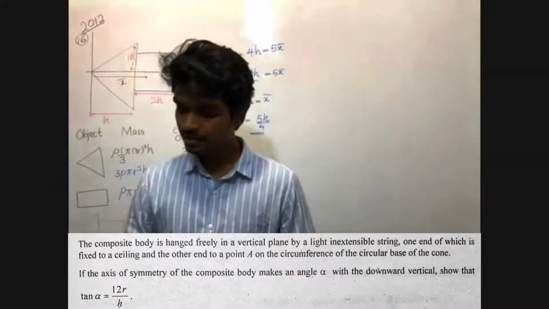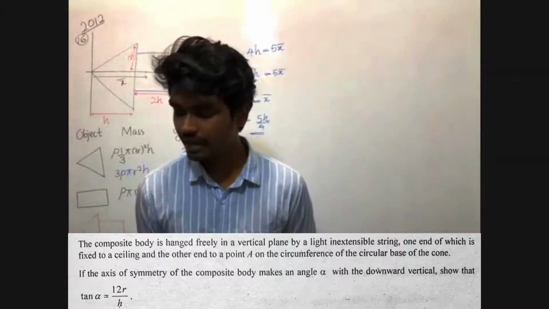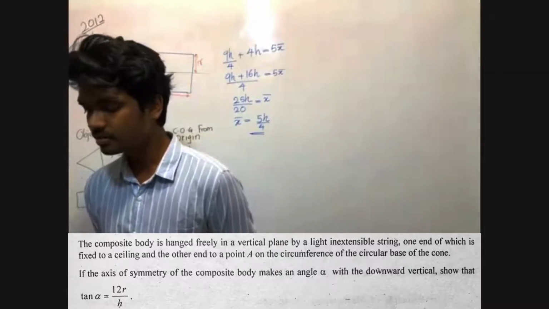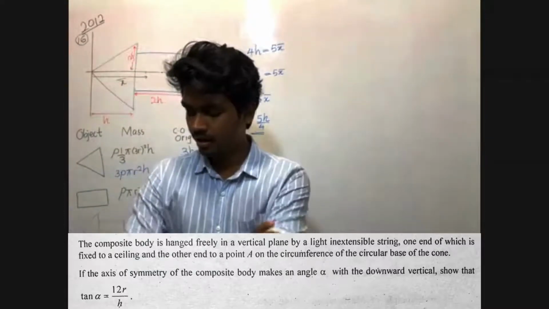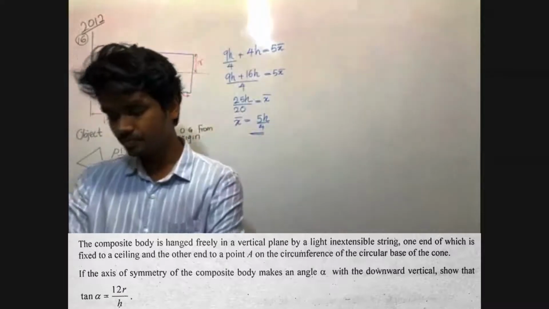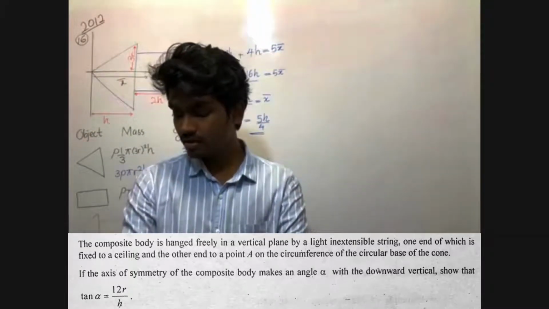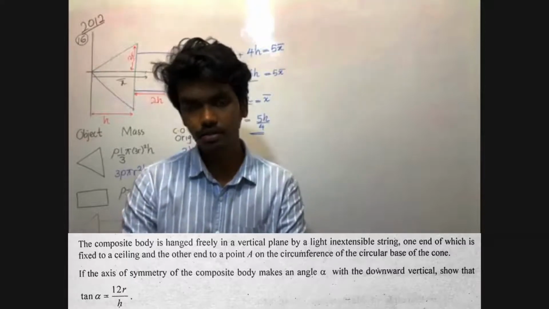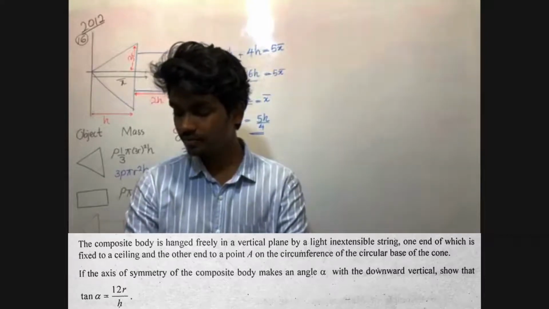Let us see the next part, that the composite body is hanged freely in a vertical plane by a light inextensible string, one end of which is fixed to the ceiling and the other end to a point A on the circumference of the circle of the base of the cone.